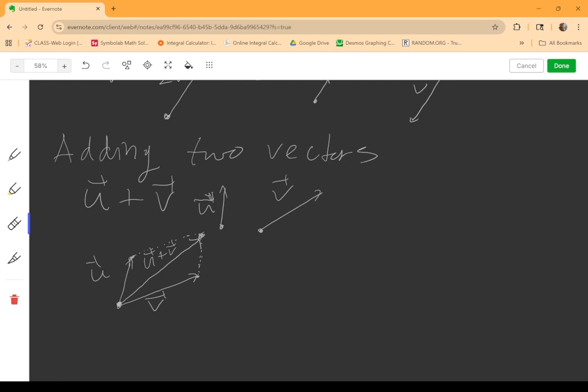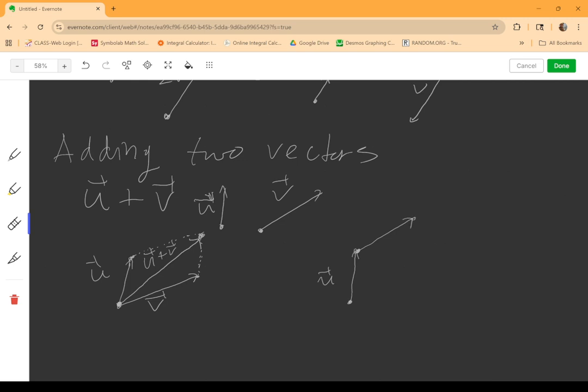Another method would be the tip to tail method. So here, we can start off with our vector u, initial point, then the terminal point, and now at the terminal point of u, I will put the tip of v and then draw it out there.